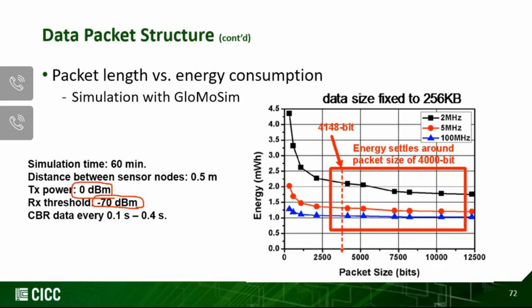Around 4 kilobits, the energy settles down to some minimum optimum number. But if you have too long a packet length, then it will be a waste of energy as well. So this is why we can decide that probably around 4 kilobits of packet length is ideal for body area network applications.